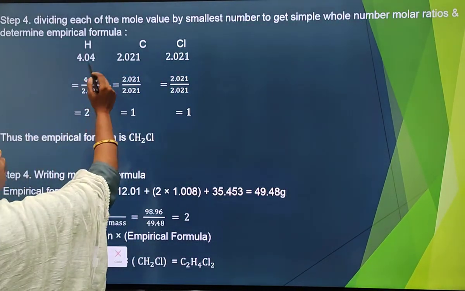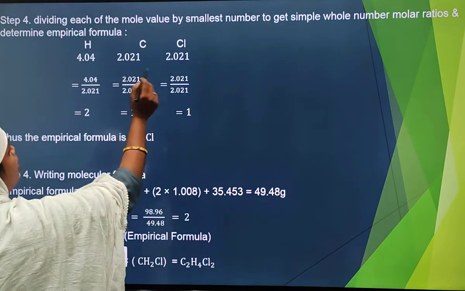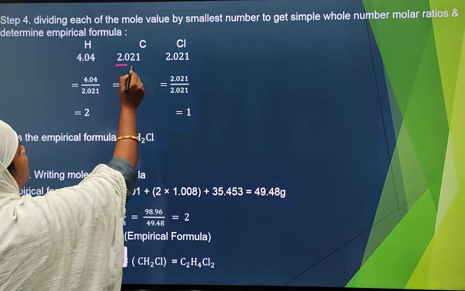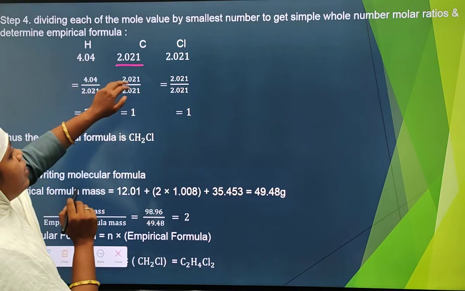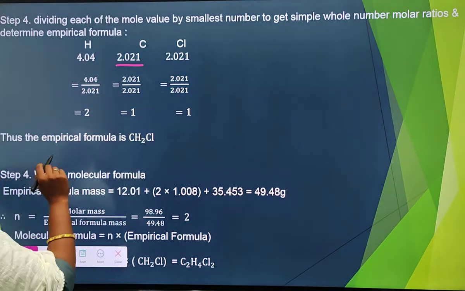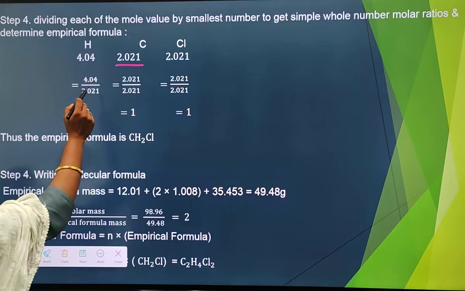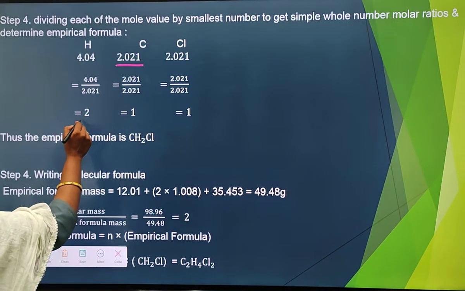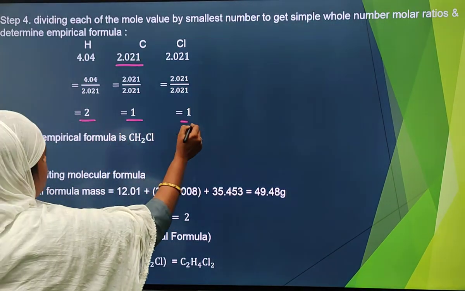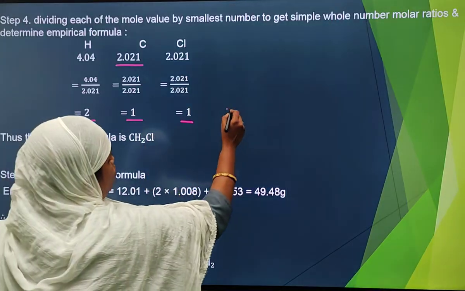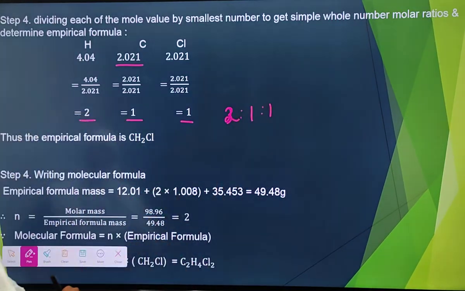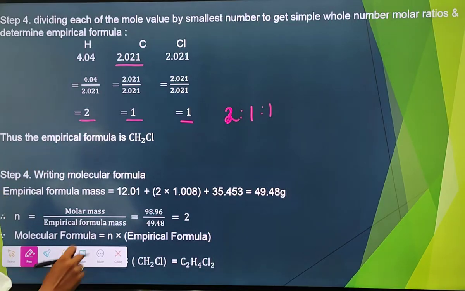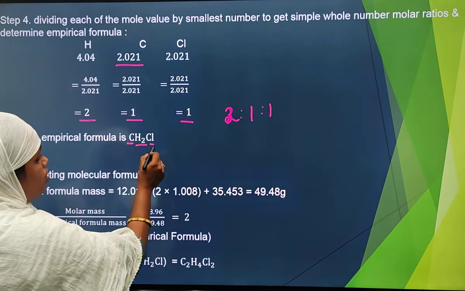Among hydrogen, carbon and chlorine, the smallest number is 2.021. So we divide all the mole values by 2.021, and we get 2, 1, 1, which is actually a ratio of 2 is to 1 is to 1. So the empirical formula will be CH2Cl.